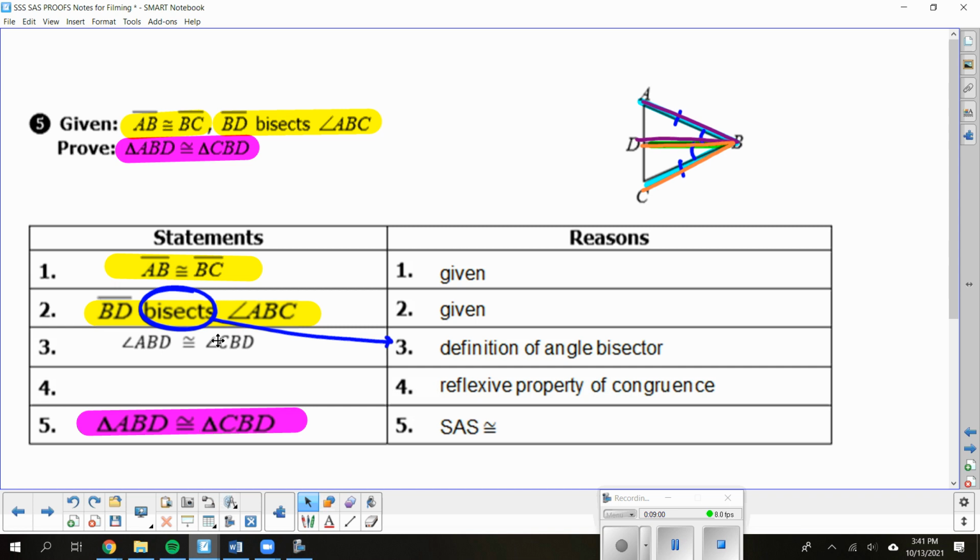So ABD, congruent to angle CBD. The last thing they tell me is they're looking for a reason to use the reflexive property. Remember, that means it's the same side in both triangles. If you notice, they're sharing that BD segment. So BD would have to be congruent to BD because of the fact that it is in both triangles. So that is our reason for that reflexive property.